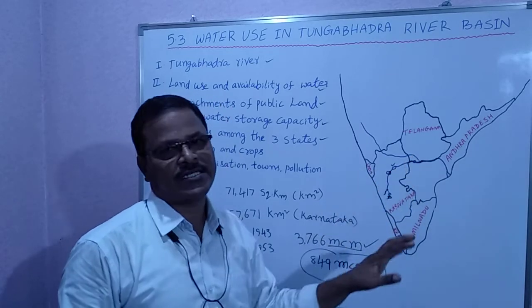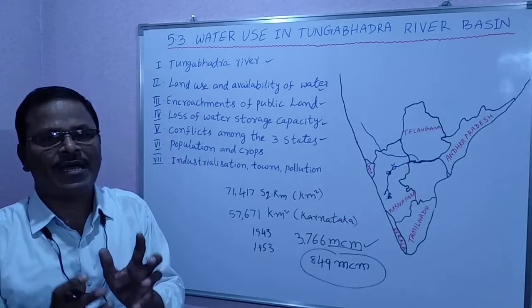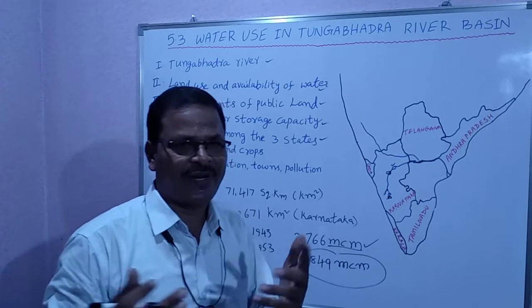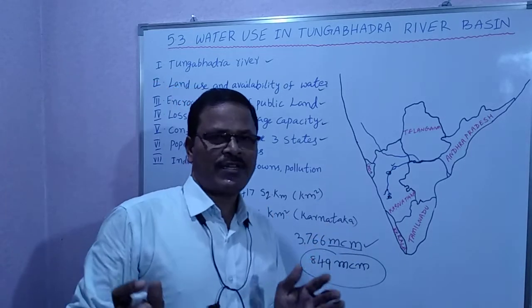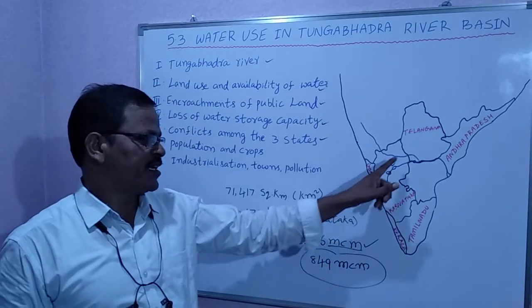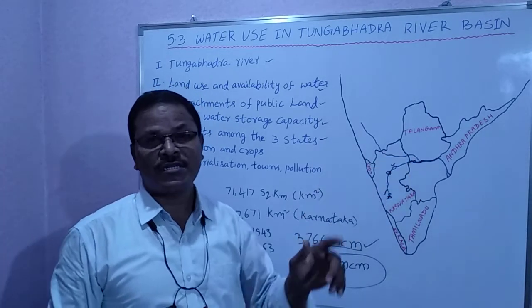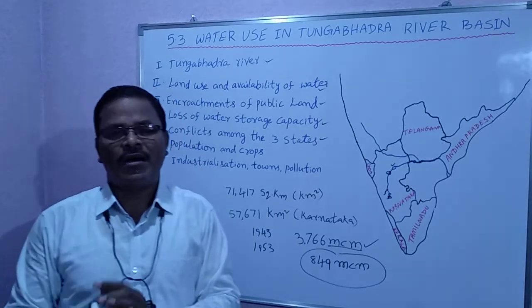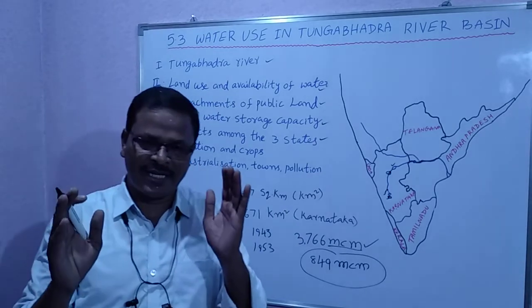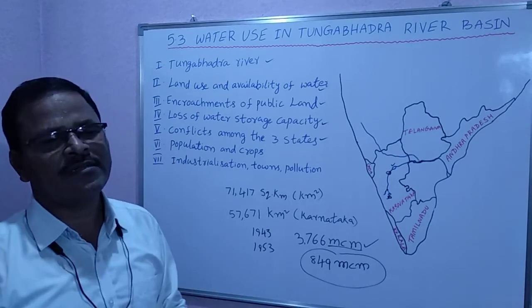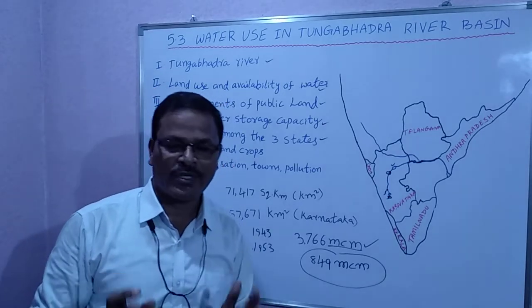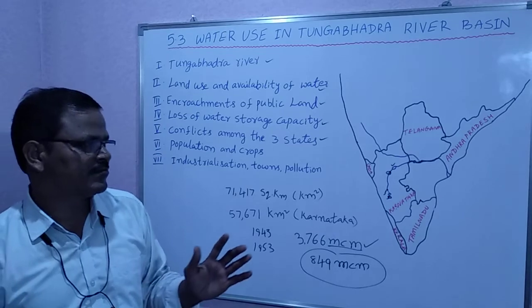For these 5 districts, Tungabhadra waters are a lifeline. 80% of the population in this catchment area depend on cultivation. They are cultivating paddy, jowar, sugarcane, cotton, etc.